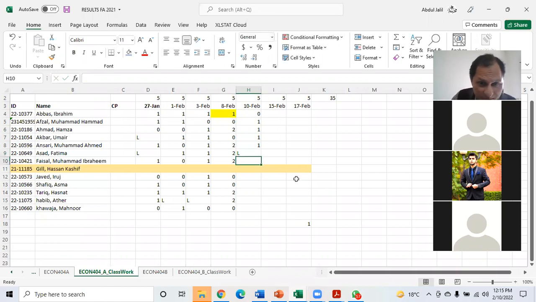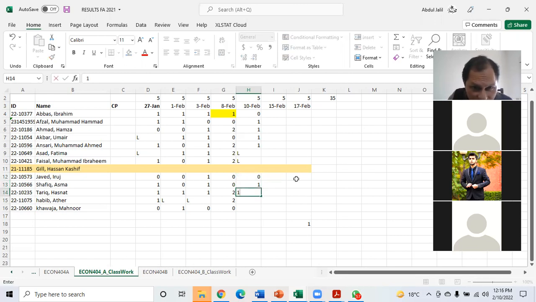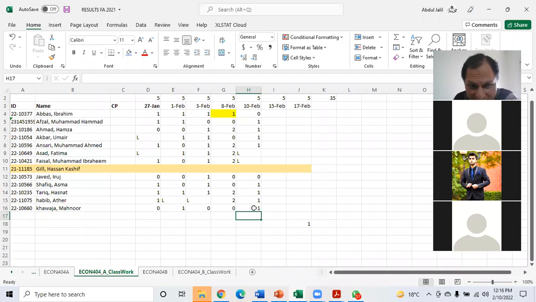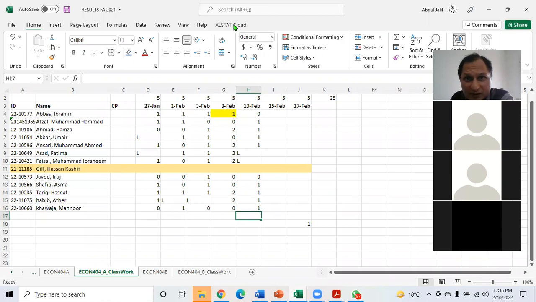Then Muhammad Ibrahim Faisal. Uraj Javed. Asma. Asnar. Yes, sir. Present. Mahnur. In the previous session, Mahnur is there, Asma is there, but in the current session, both are not here.